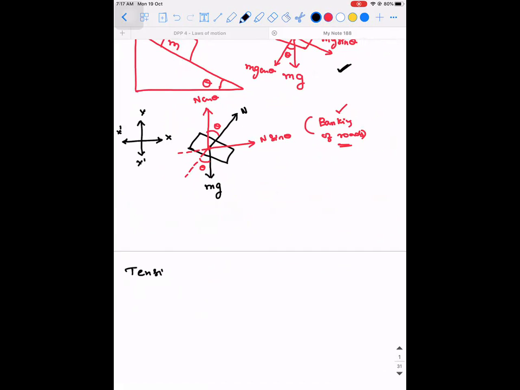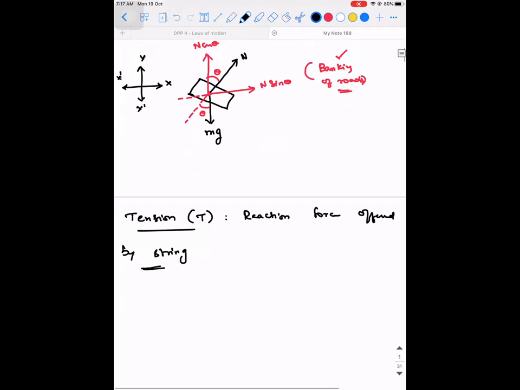The next is tension force. So where do we use the concept of tension? So tension is a reaction force offered by whom? A string. Yes, it's a reaction force offered by a string.